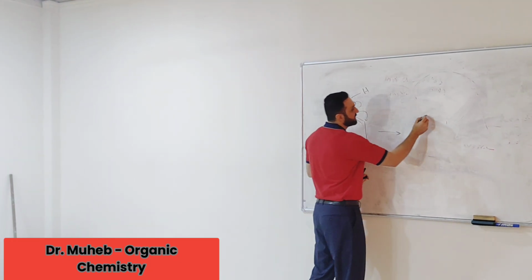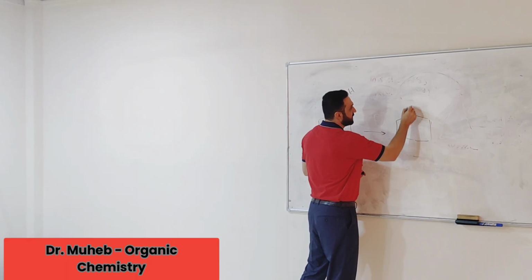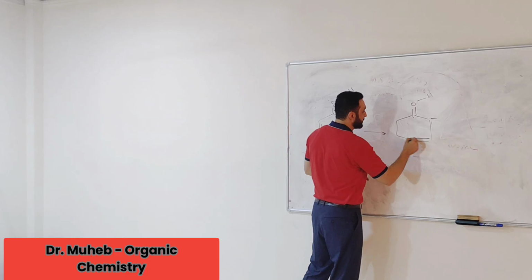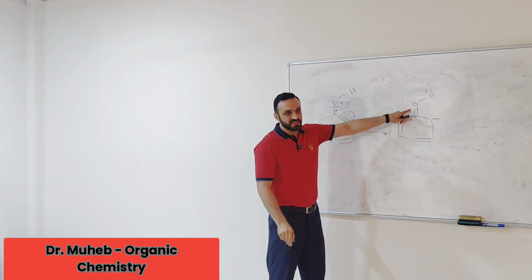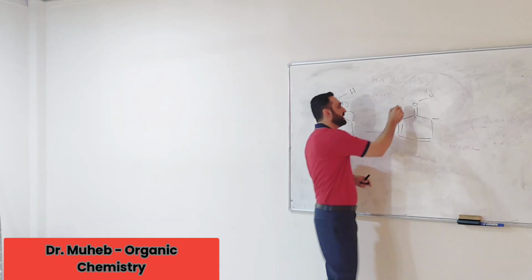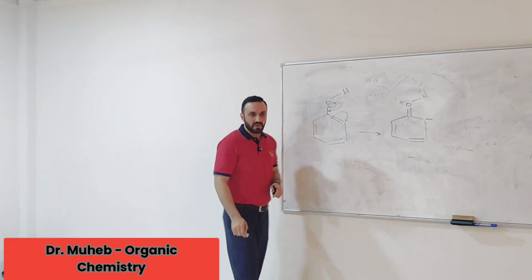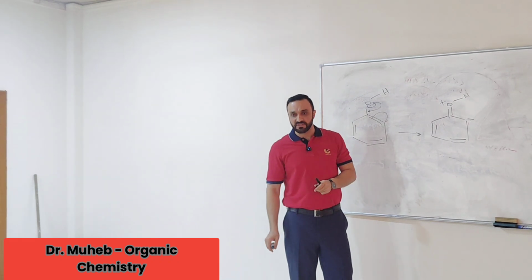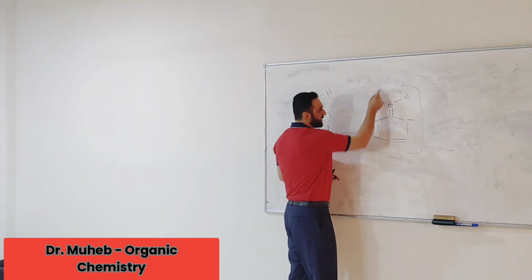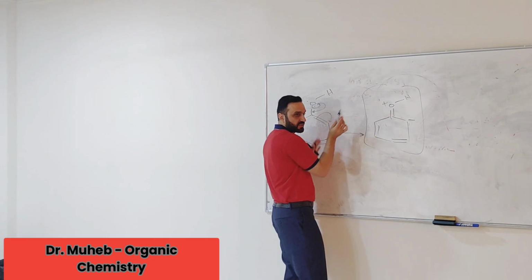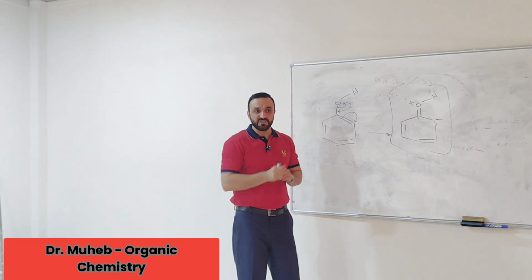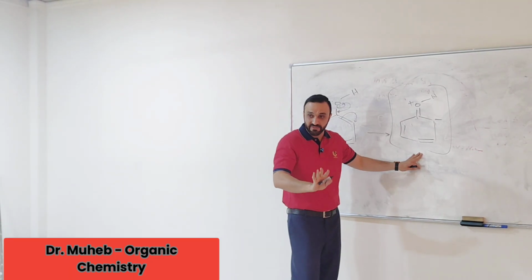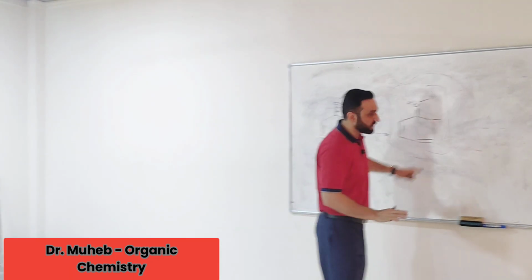So it will be negative like that, and the oxygen will be positively charged, because the oxygen lost the electron. The total charge is 0. It is impossible for one part to be 0 and the other minus; that is wrong.